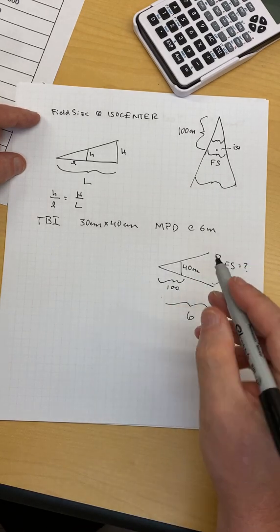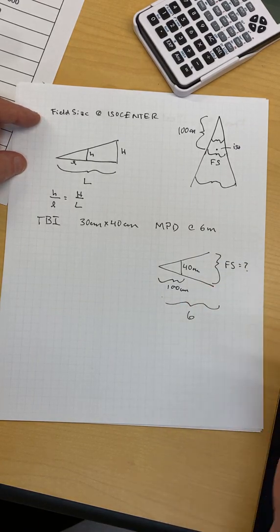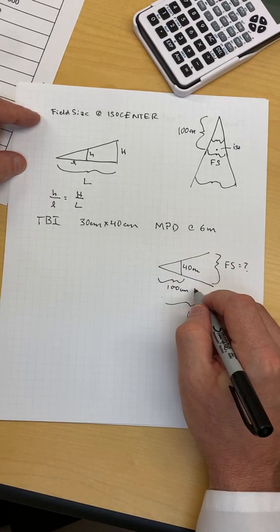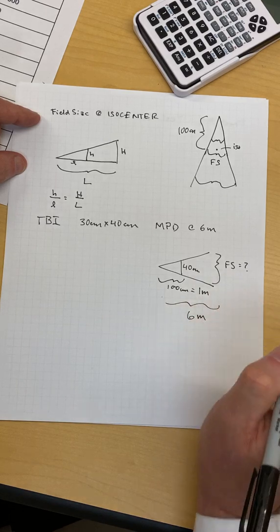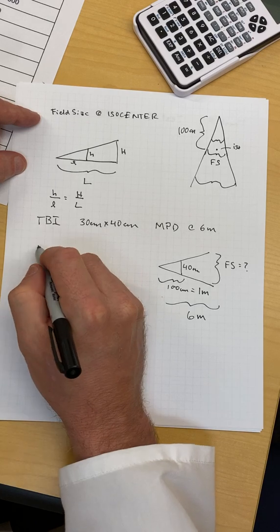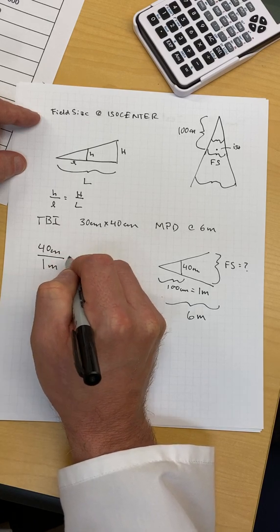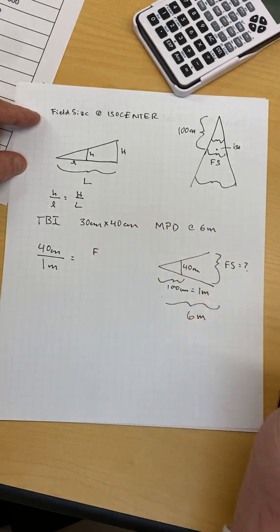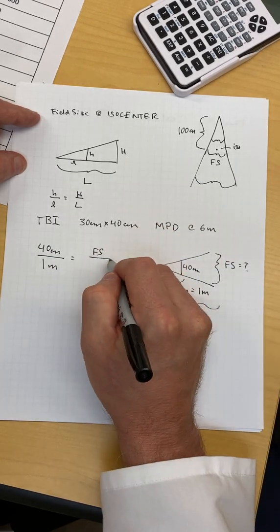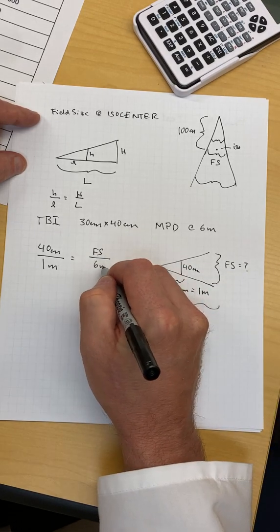So using similar triangles, 100 centimeters, I'm just quickly going to convert this. 100 centimeters is equal to 1 meter. This is 6 meters. So I get a field size of 40 centimeters at 1 meter is equal to whatever this field size is at 6 meters divided by this length here, 6 meters.